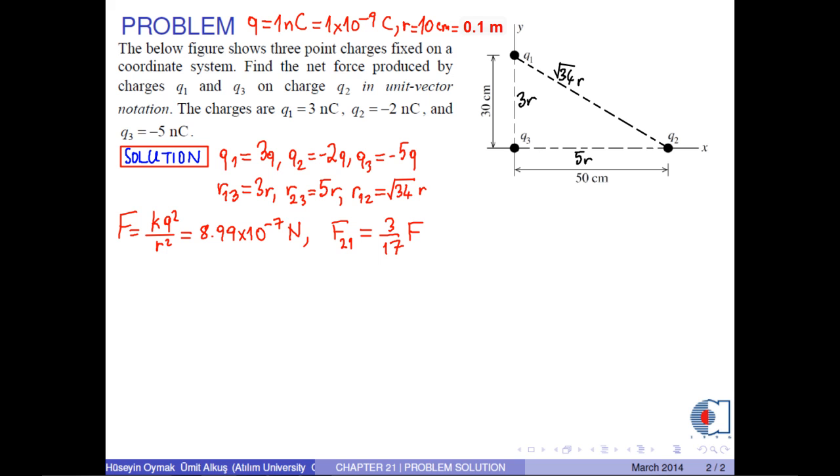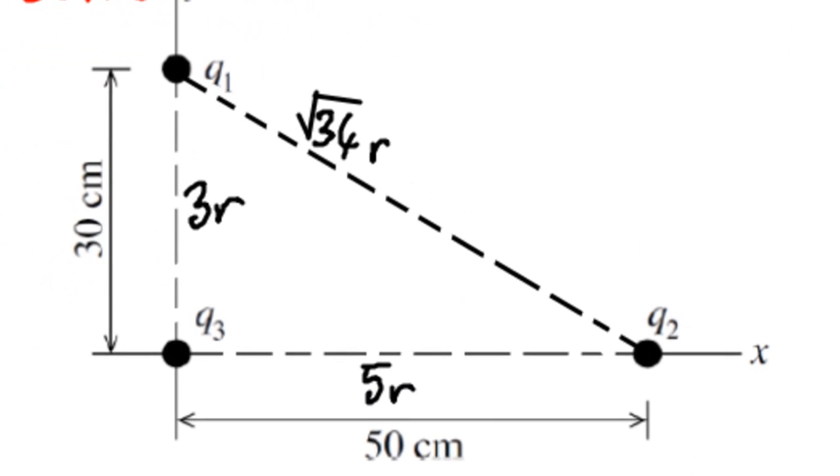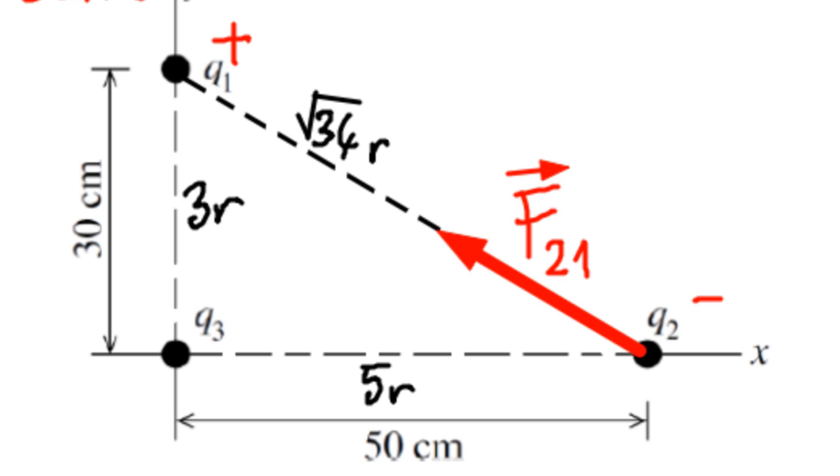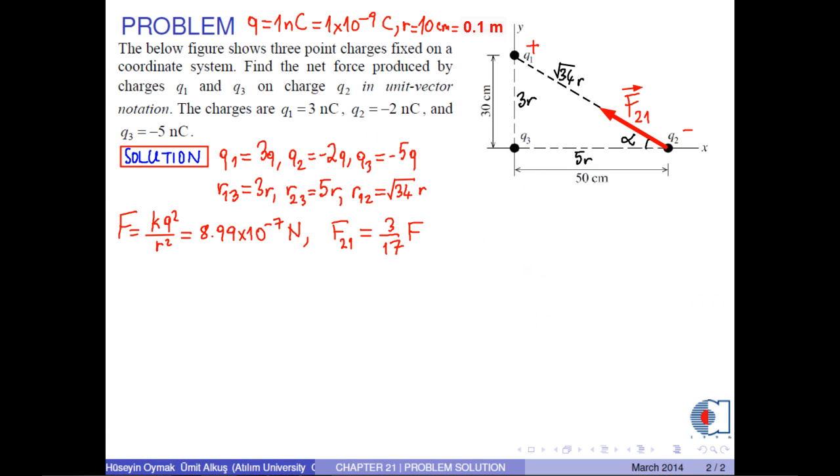In order to find the direction of F21, we note that Q1 is a positive charge, Q2 is a negative charge, then the direction of F21 is from Q2 to Q1. If we call the corresponding angle alpha, the direction of F21 is cosine alpha negative i hat plus sine alpha positive j hat.